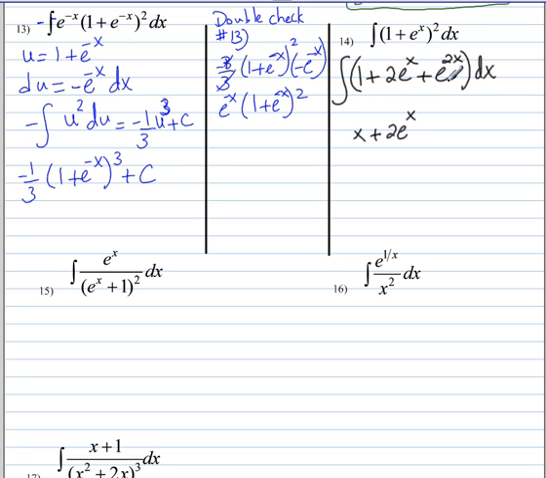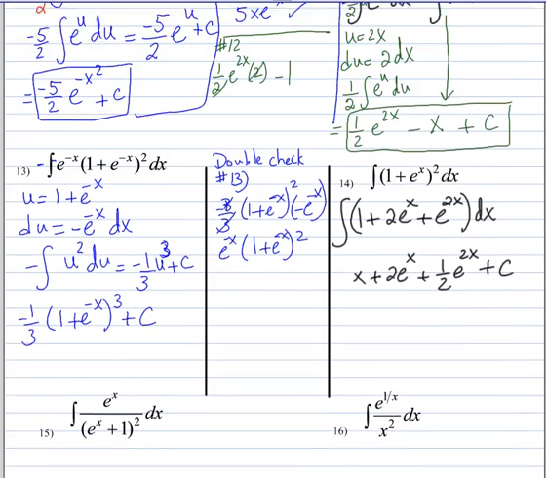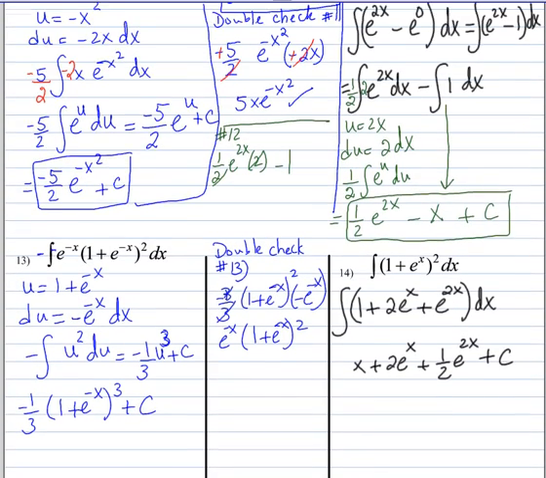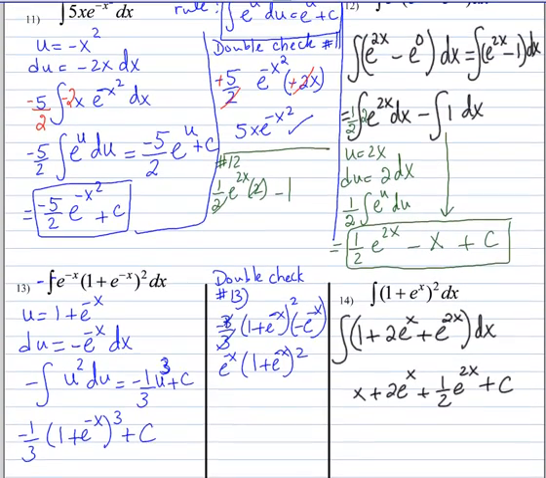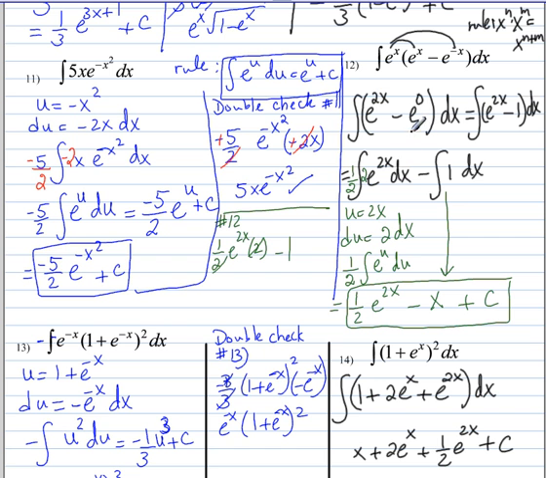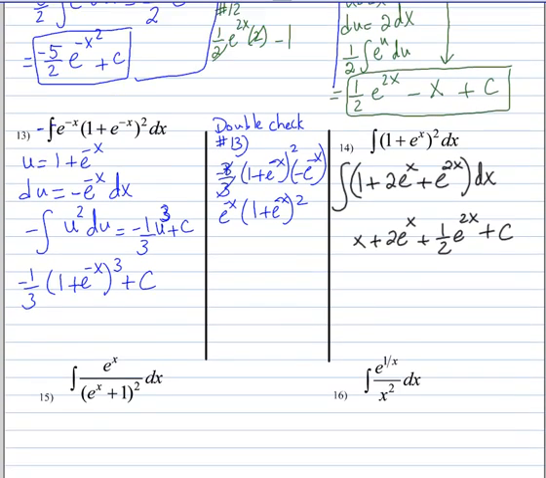And antiderivative of e to the 2x is 1/2 e to the 2x. Don't forget the plus c part. In case you're wondering why antiderivative of e to the 2x is 1/2 e to the 2x, refer back to number 12, which was explained in the previous video.